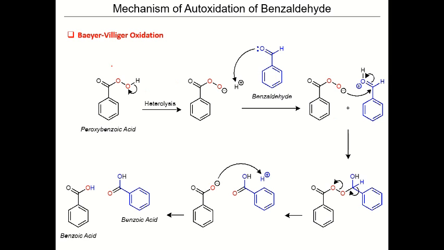After that happens the Baeyer-Villiger oxidation. In this case, the peroxybenzoic acid undergoes rupture of this bond by heterolysis, right? As a consequence, we get an anion in here and a proton, which is this one. Another molecule of benzaldehyde, which is a nucleophilic molecule, meaning it has an electronic cloud that is very rich in electrons, so it's looking for a nucleus.